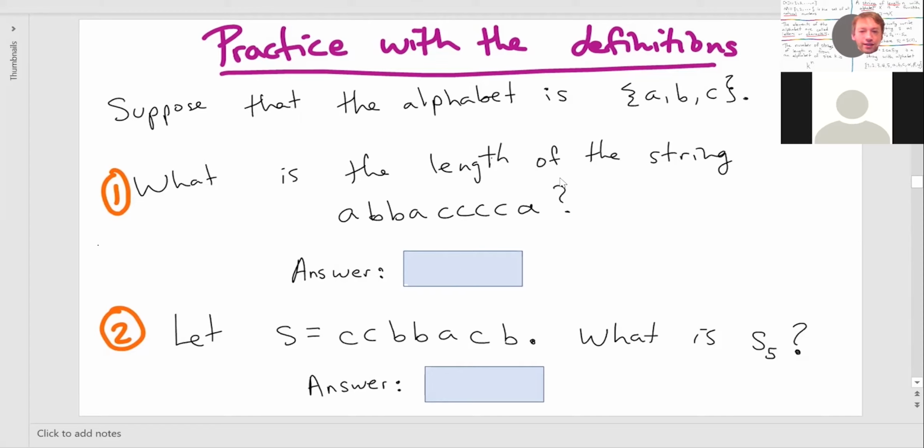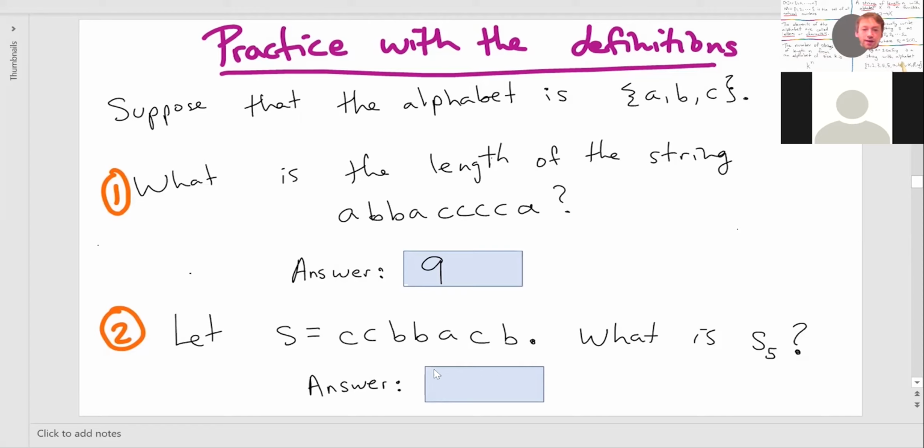Okay, so what is the length of this string A, B, B, A, C, C, C, C, A, which is annoying because I have to count 1, 2, 3, 4, 5, 6, 7, 8, 9. Does everybody agree it's 9? So suppose, this is the type of notation we'll use, if I just write S equals C, C, B, B, A, C, B, that means S is this string.